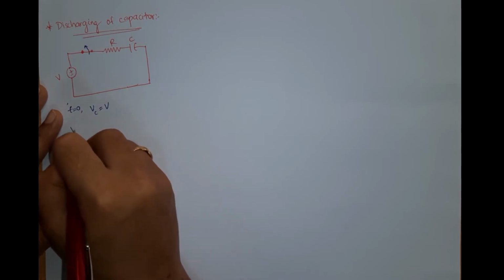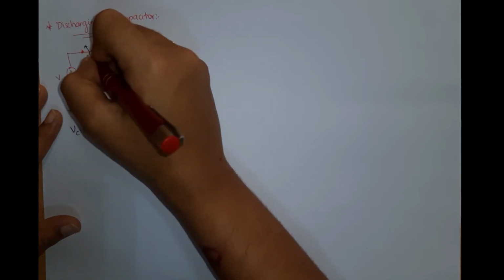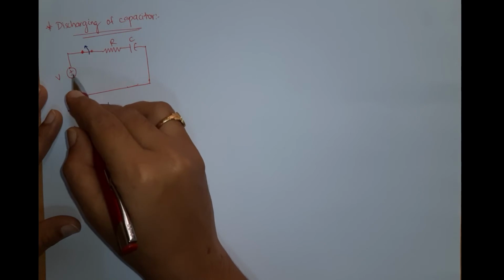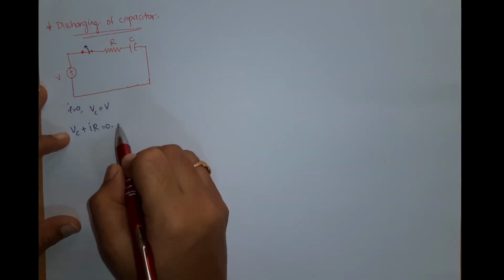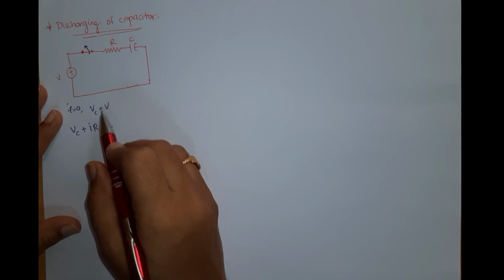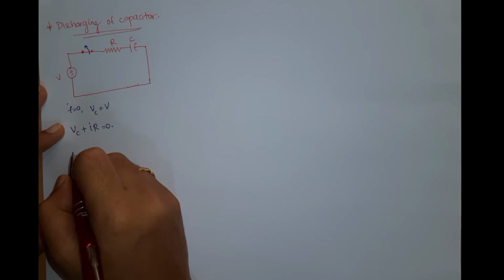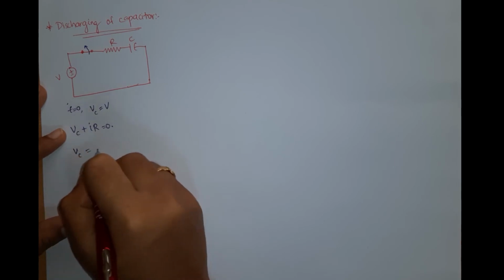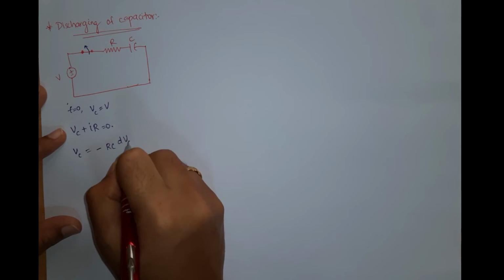So the equation comes like Vc plus IR equals 0 during opening. Why? Because open means there is no voltage applied across this capacitor after opening, right? This is for after opening, this is the initial condition. Be careful with the difference. Now substituting the value of I here, we get Vc equals minus RC dVc by dt.